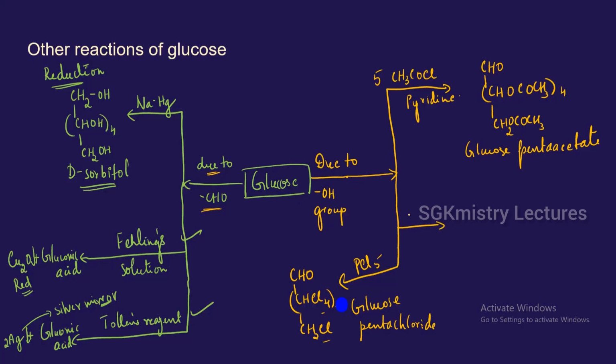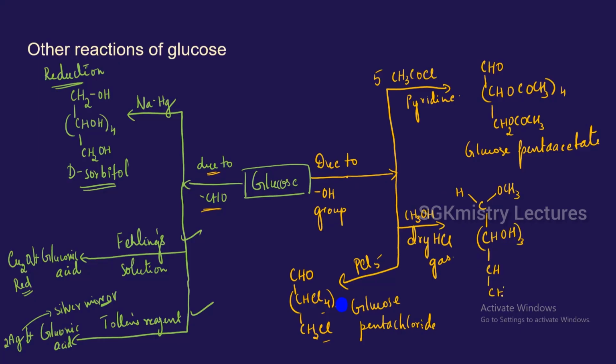There is also another reaction: methanol as well as dry HCl gas. You are going to get here OCH3 and H, and CHOH thrice. And here you are going to get CH.